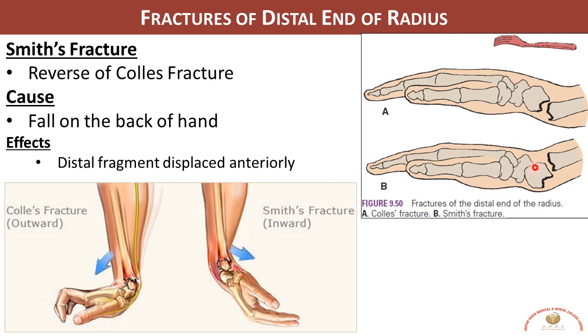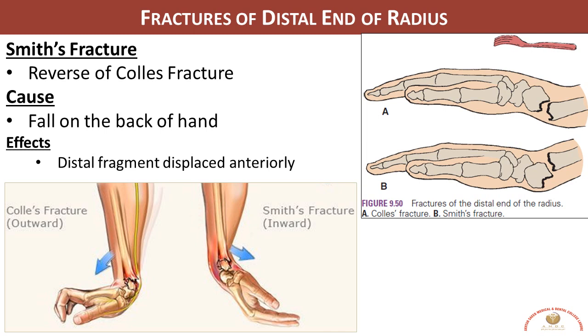It happens because of a fall on the back of the hand. In Smith's fracture, the person falls on the back of the hand and the distal fragment is displaced anteriorly. This is the inward movement of the hand. So what is the treatment of that? The treatment is the same. We have to do normal alignment of the bone and a cast will be applied.